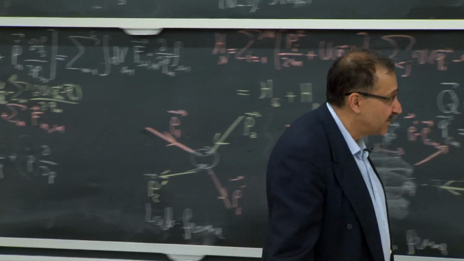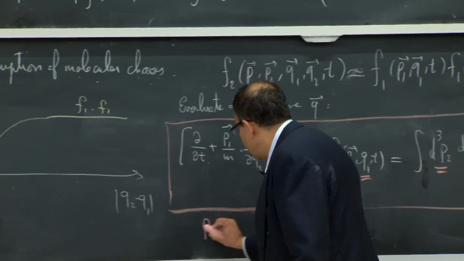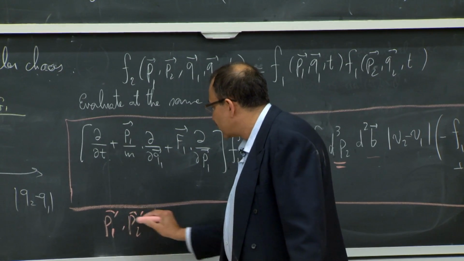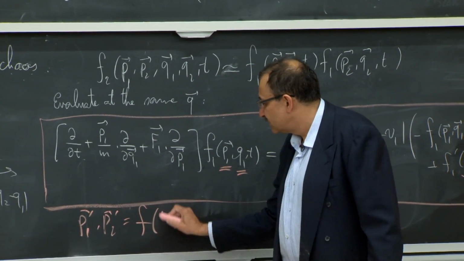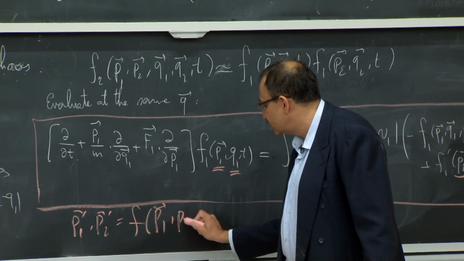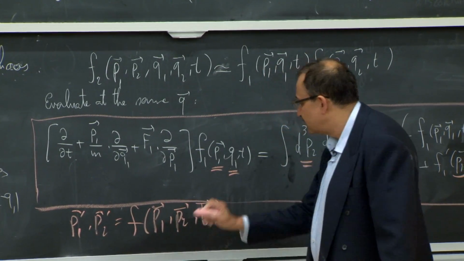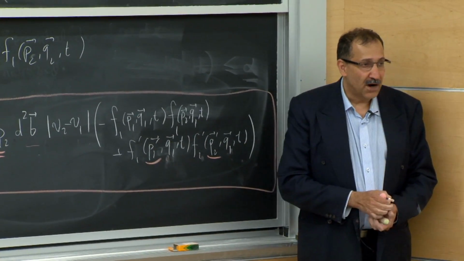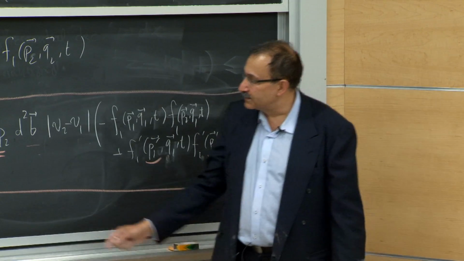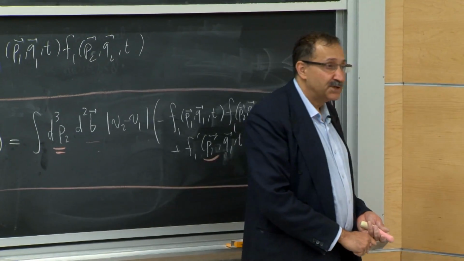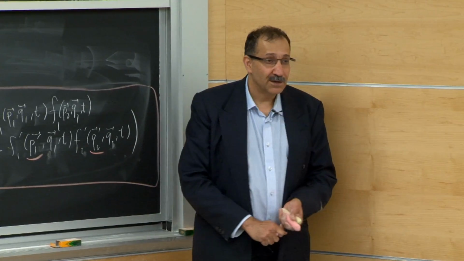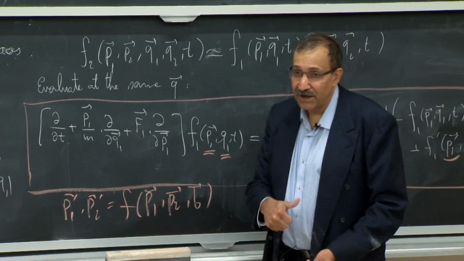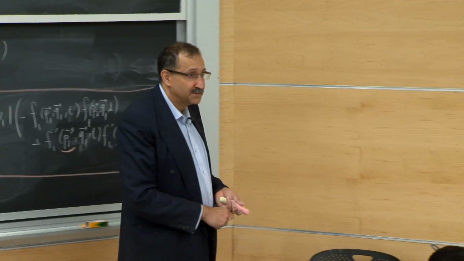So these P1 prime and P2 prime are some complicated functions of P1, P2, and B. So given that you know two particles are approaching each other at distance d with momenta P1 and P2, in principle, you can integrate Newton's equations and figure out what momenta they end up with.